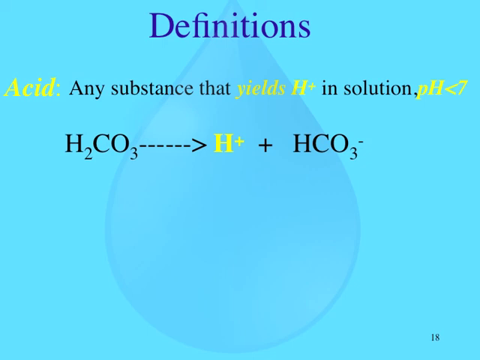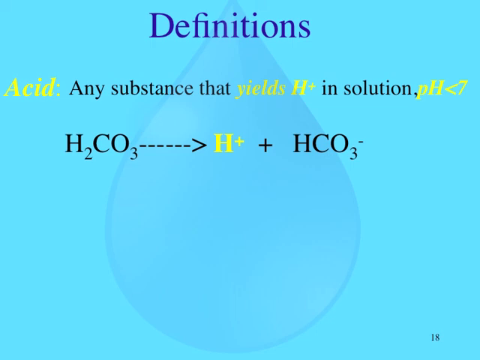Carbonic acid is something that your body produces from your cells, and it's how the carbon dioxide gets to your lungs to breathe out. But nevertheless, carbonic acid yields hydrogen ions, so we automatically know that it's an acid, and bicarbonate ions. Okay, so there's an example.